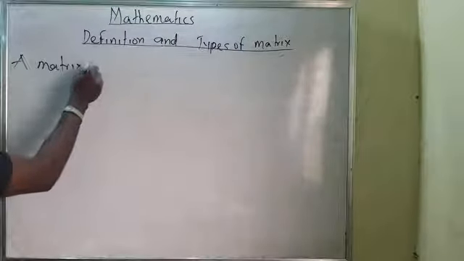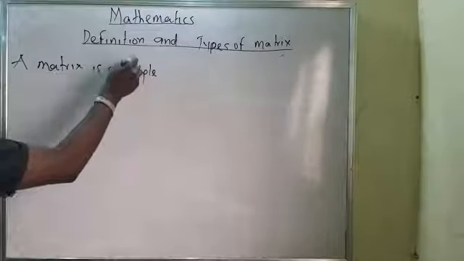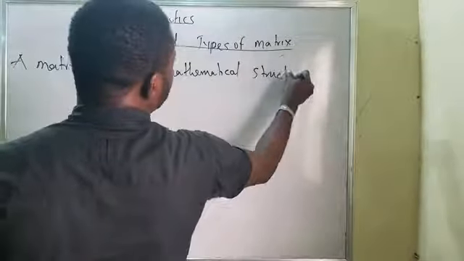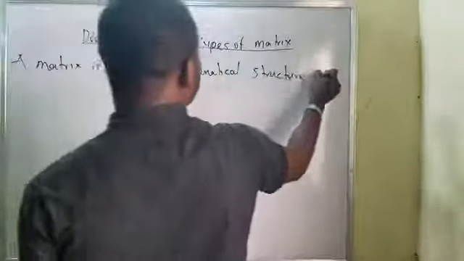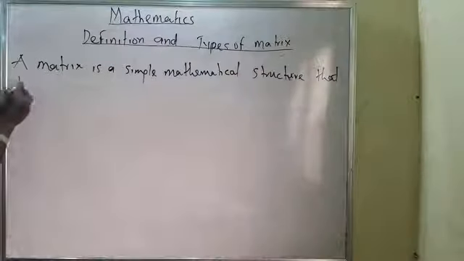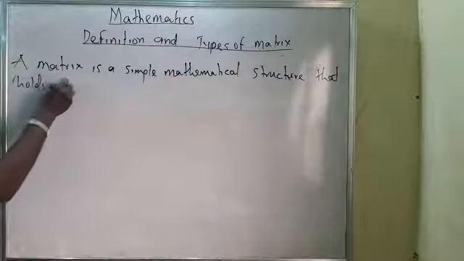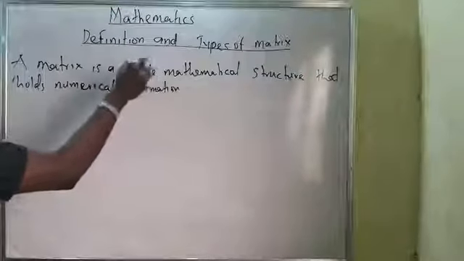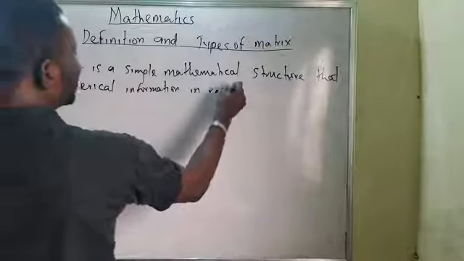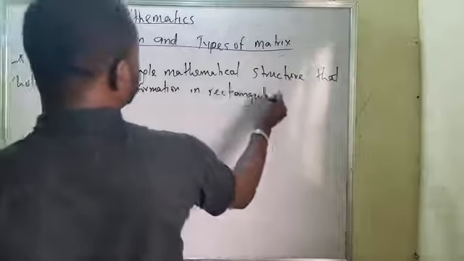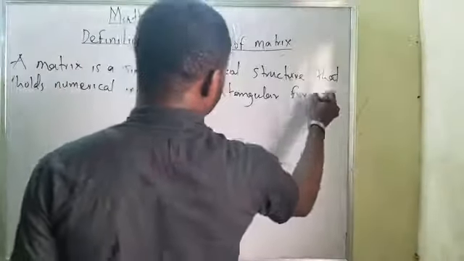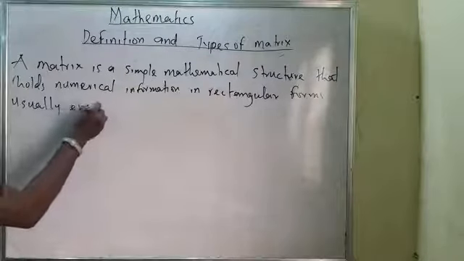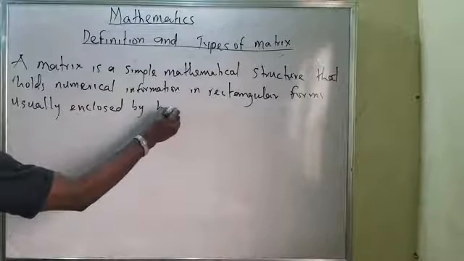A matrix is a simple mathematical structure that holds numerical information in rectangular form, usually enclosed by brackets.